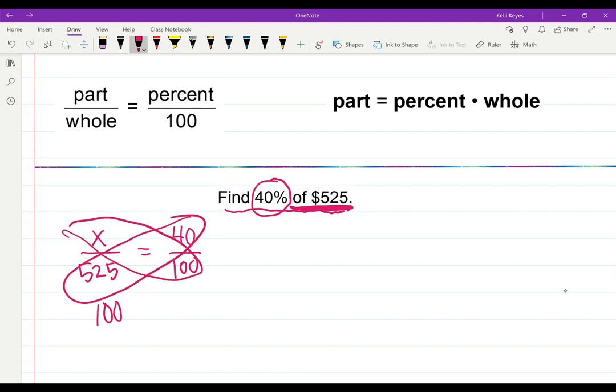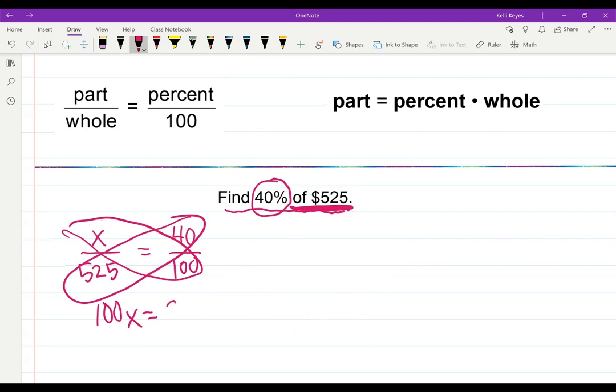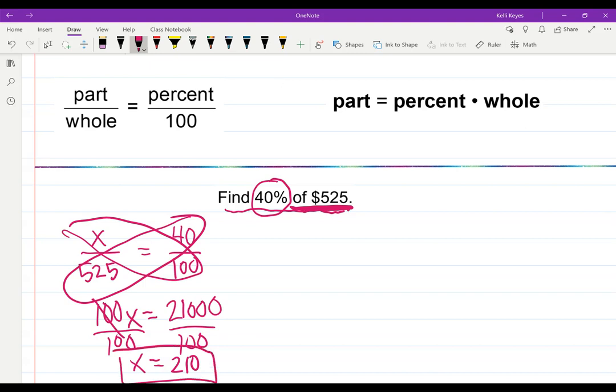So I get 100 times x equals whatever 525 times 40 is. 21,000, right? Divide by 100, divide by 100, and we get x equals 210. So 210 is 40% of 525.